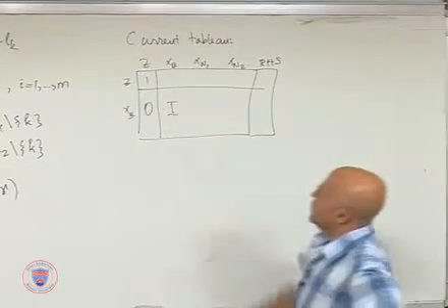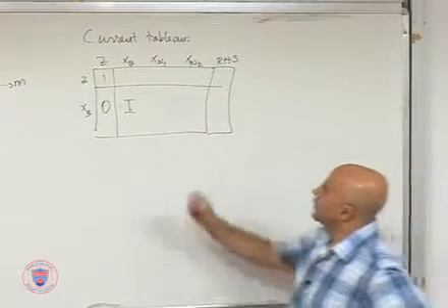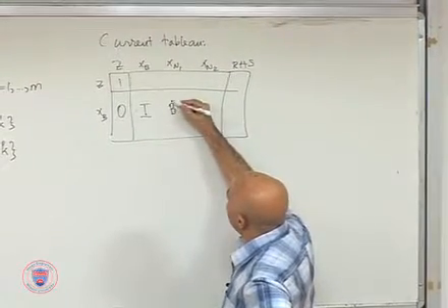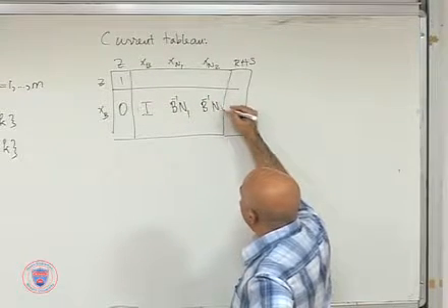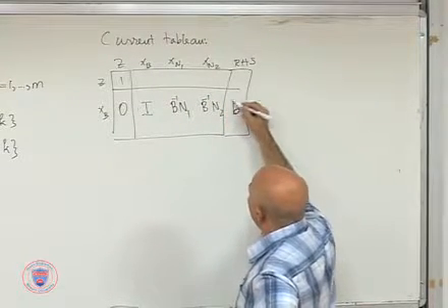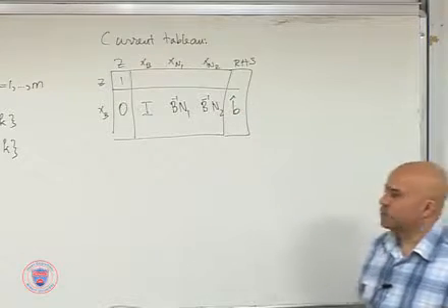You have identity for xb. You have B inverse n1 here, B inverse n2 here. You've got B cap on the right-hand side column.